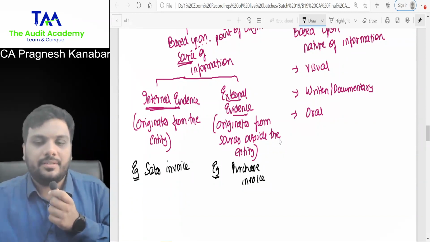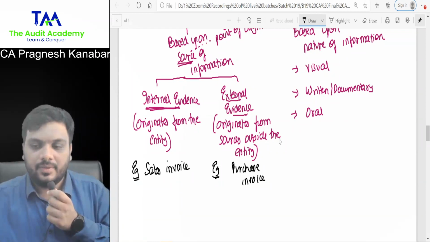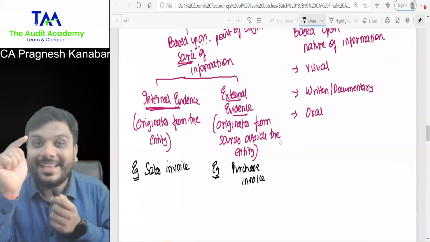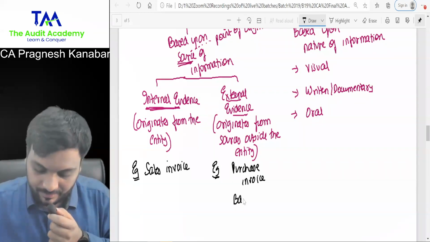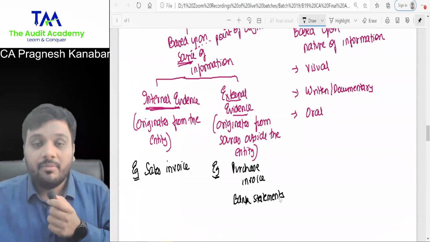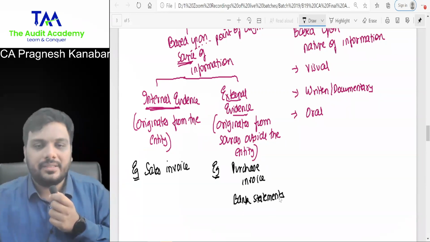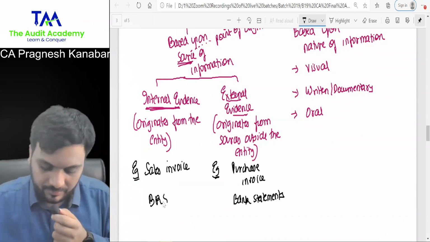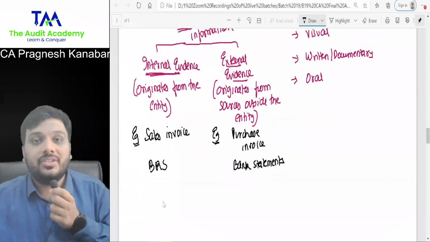Bank statements. I for internal, E for external. External evidence. Bank statement originates from the bank. Yes. Bank reconciliation statement, BRS. Internal evidence. Salary register.